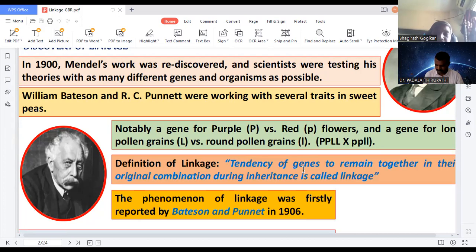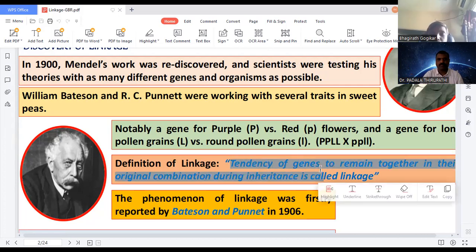It is a phenomenon of inheritance in which genes are inherited together and retain the parental characters in the offspring also. Just observe the tendency of genes.